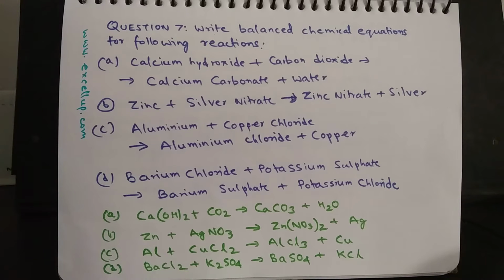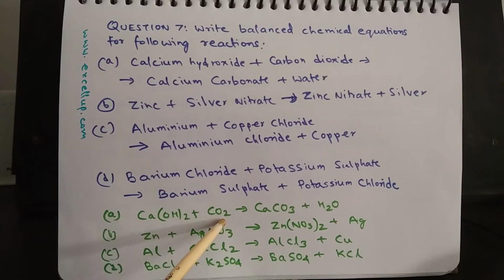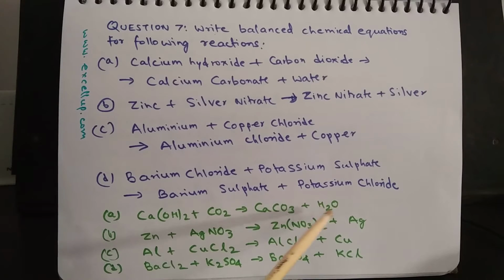First of all, we'll look at the number of oxygen. Oxygen is 3 plus 1, 4. In this case, here are 2 plus 2, 4 oxygen atoms. What about carbon? There is 1 atom of carbon, 1 atom of carbon, 1 atom of calcium, 1 atom of calcium, 2 atoms of hydrogen and 2 atoms of hydrogen. So this is a balanced equation.